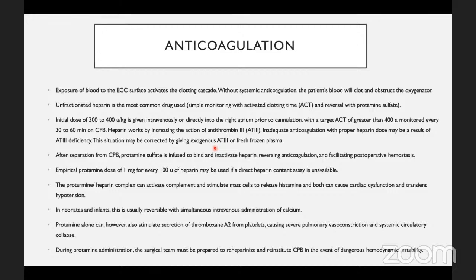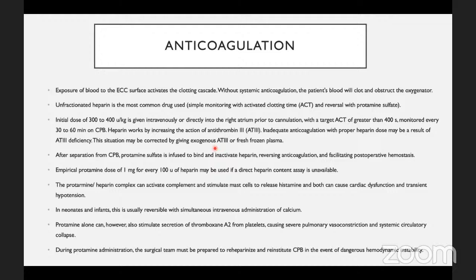because in studies we found that whenever you run a cardiopulmonary bypass, the thrombin generation, that means the activation of the coagulation cascade, is much higher in neonates. That's why they have this DIC phenomenon in neonates in spite of adequate heparinization.